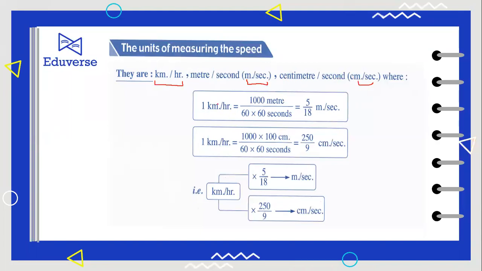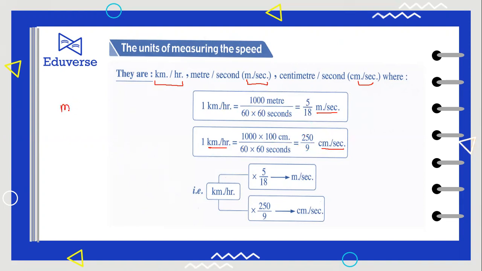To convert between the different units, firstly, if I have kilometer per hour and want to convert it to meter per second, I will multiply it by 5/18. If I want to convert from kilometer per hour to centimeter per second, multiply by 250/9, and vice versa.